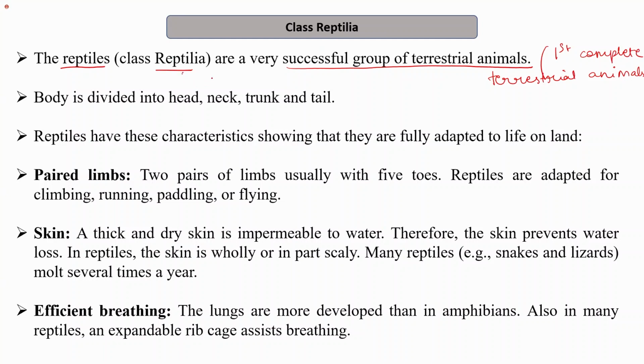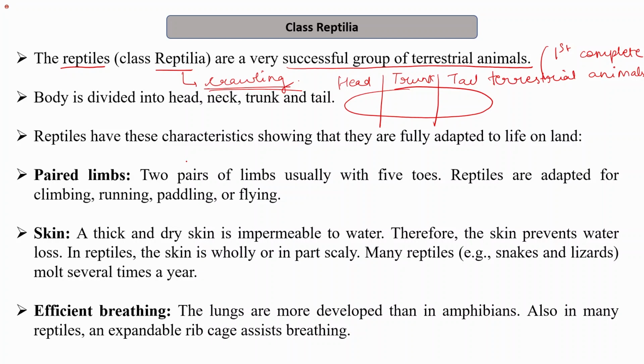Because the term reptilia means crawling, and reptiles are the ones that crawl. Their body is divided into three parts: head, trunk, and tail.